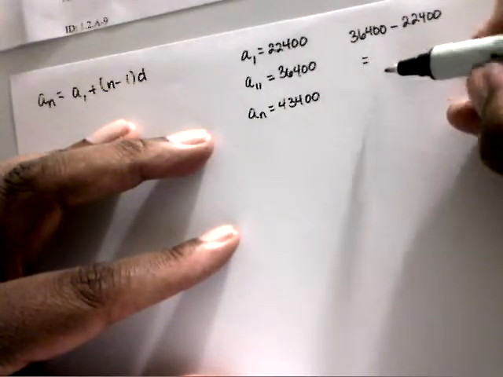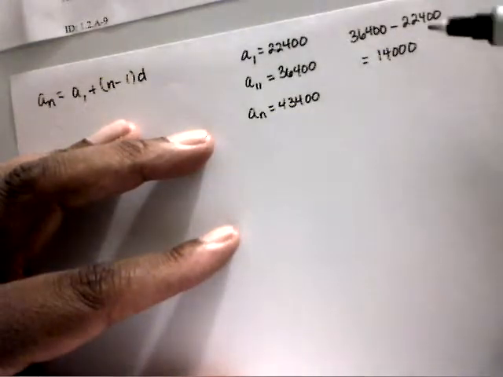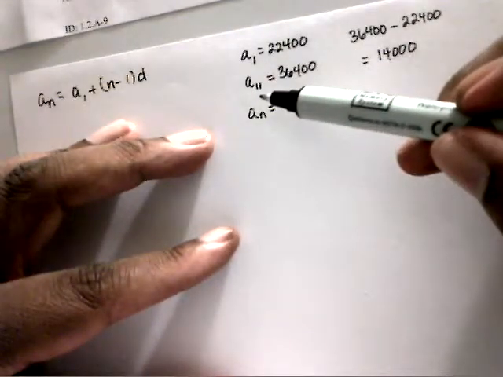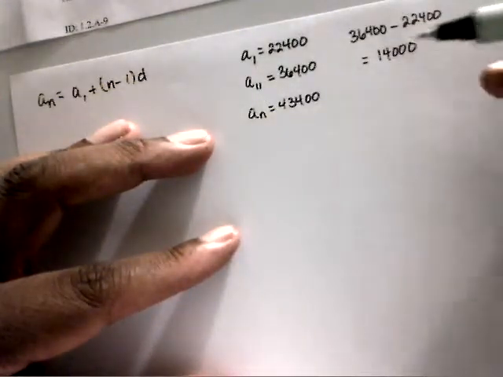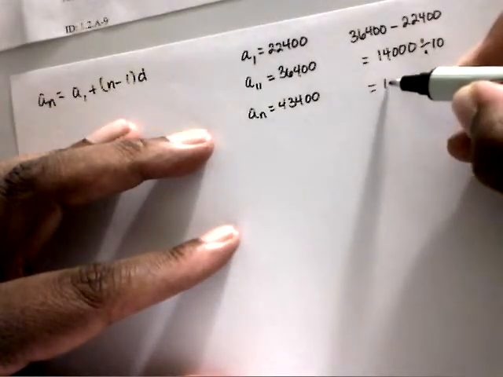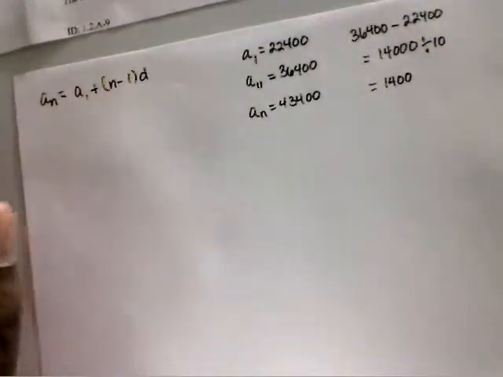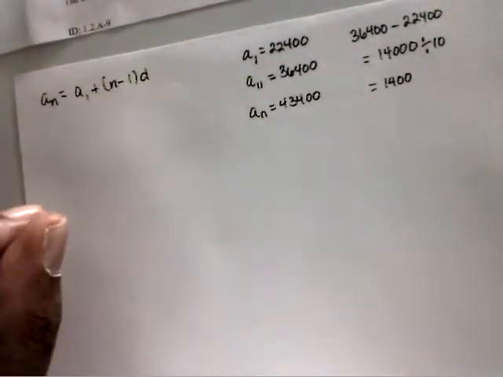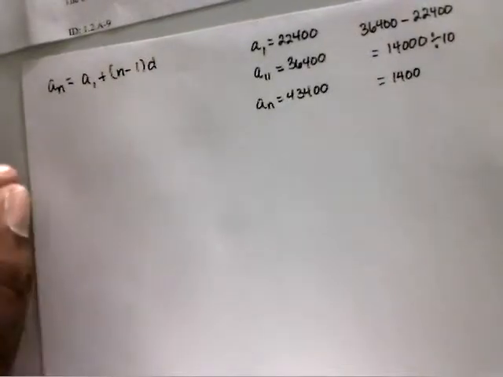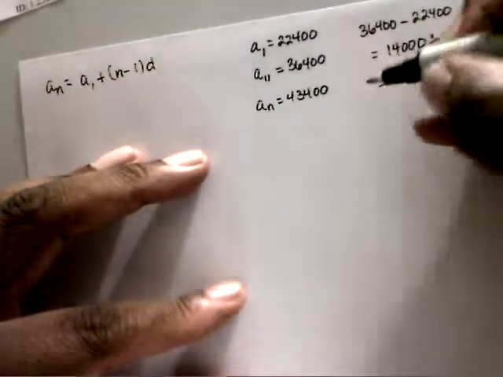If I subtract those two, that's going to give me $14,000. Now, from the first year to the 11th year, that difference is 10. Divide by 10, you get $1,400. So the price of the car is increasing by $1,400 each year. That's your common difference.